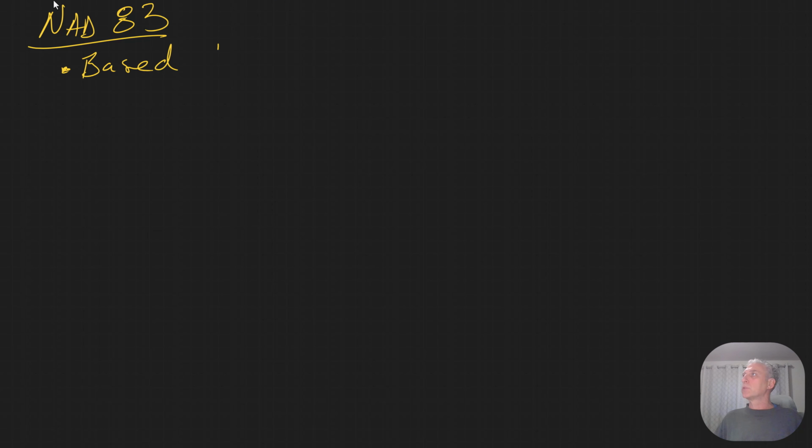Now, when we get to the NAD83 datum, let's jump forward in time to NAD83. And what are some points about NAD83? As we know, it's based on the GRS80 ellipsoid, just another ellipsoid definition.